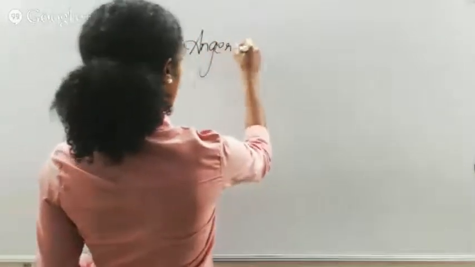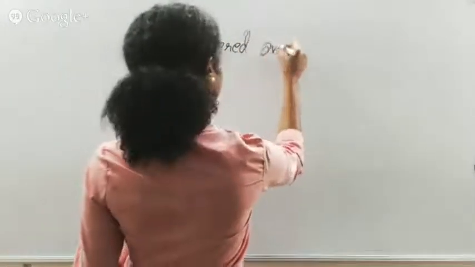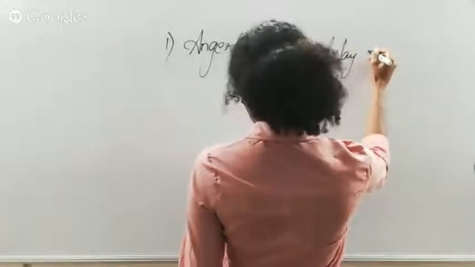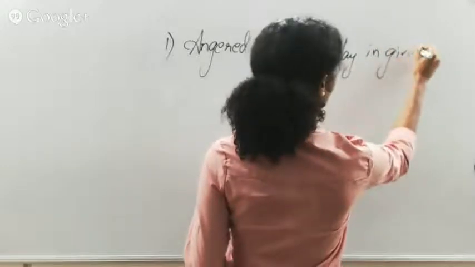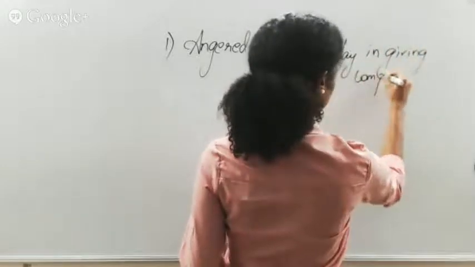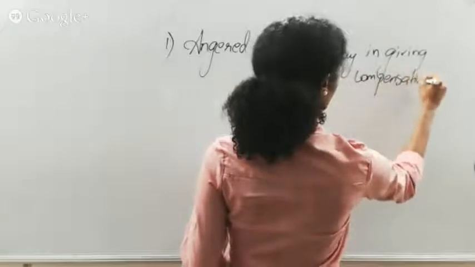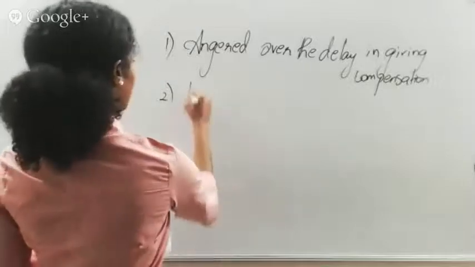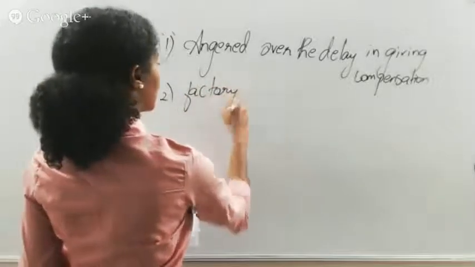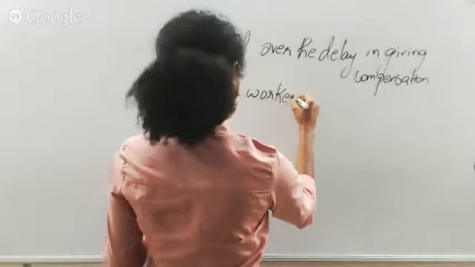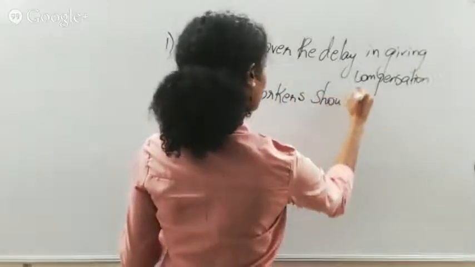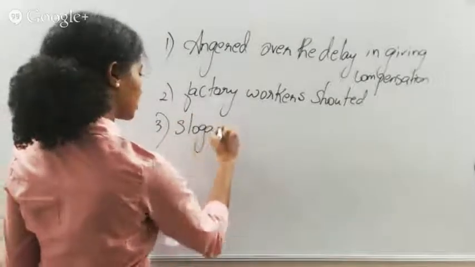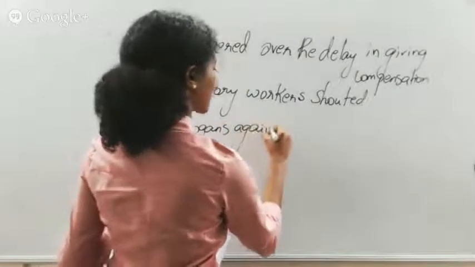Part 1: Angered over the delay in giving compensation. Part 2: factory workers shouted. Part 3: slogans against the president.